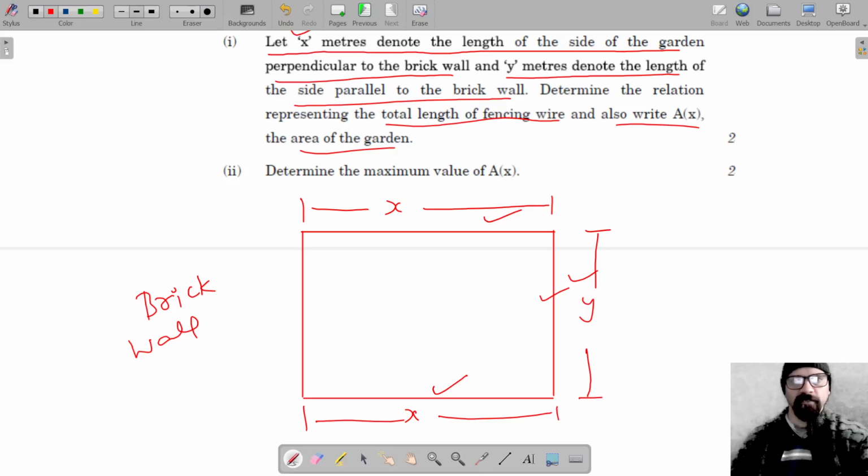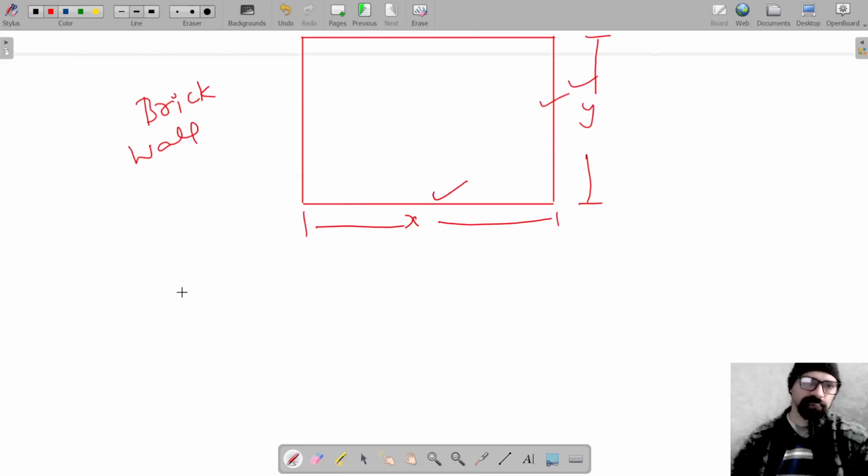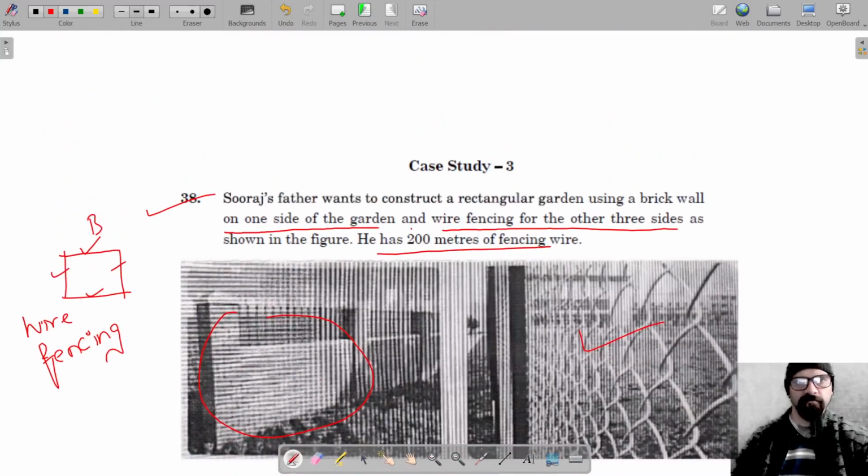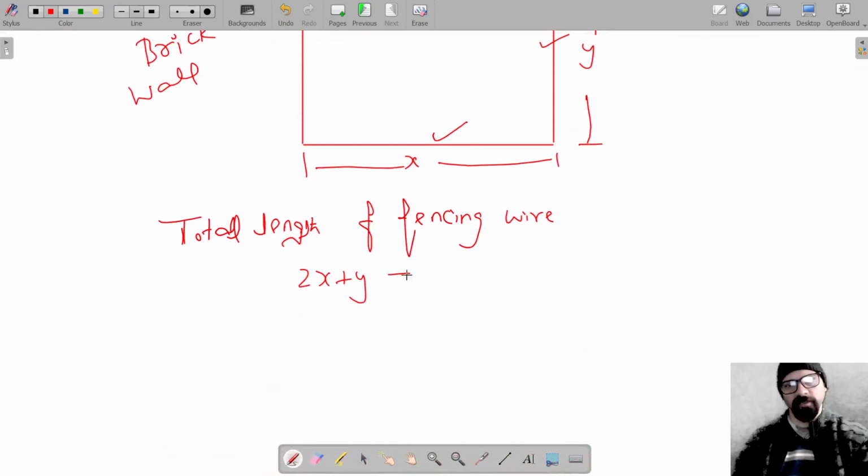So the total length of fencing wire according to the figure is 2x plus y, and it's given that the total length of the fencing wire is 200 meters, so the relation is 2x plus y is equal to 200 meters. This is the answer to part 1.